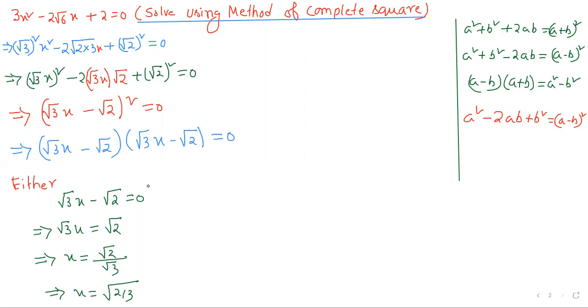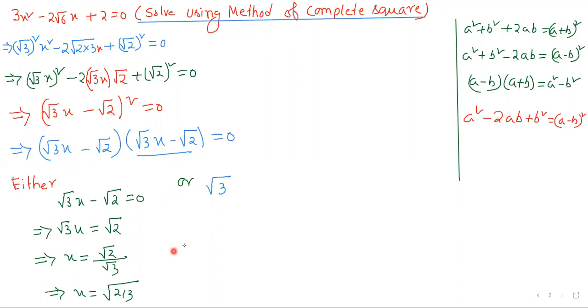Now, or what can we write? Or we can write root over 3x minus root over 2 is equal to 0, because these are the two factors of this quadratic equation. This is one factor, and this is another factor, right?